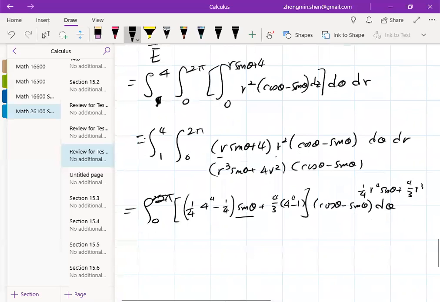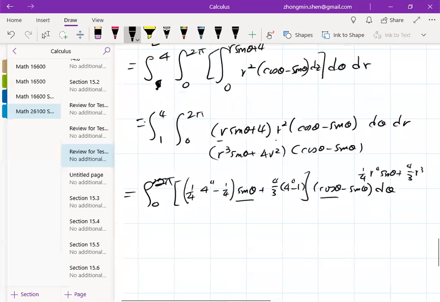Honestly, if you multiply this out and evaluate, think about what kind of products you are going to get. The integral of sine theta cosine theta d theta is going to be 0.